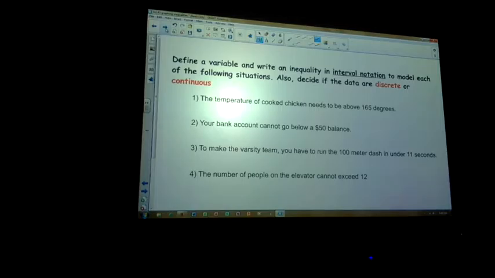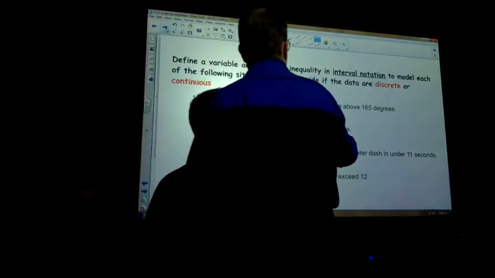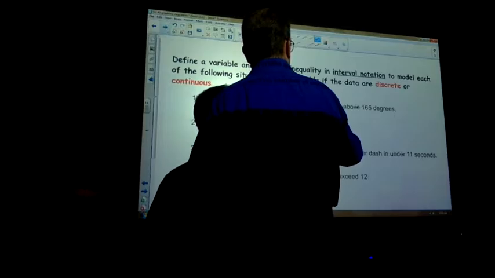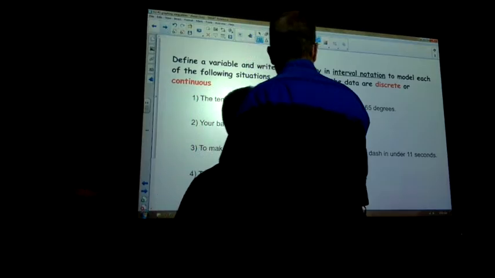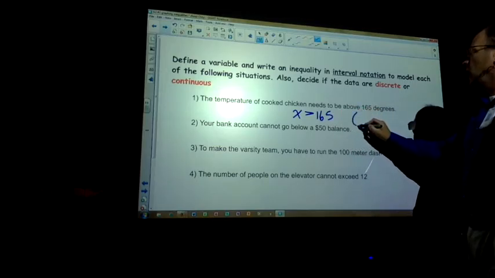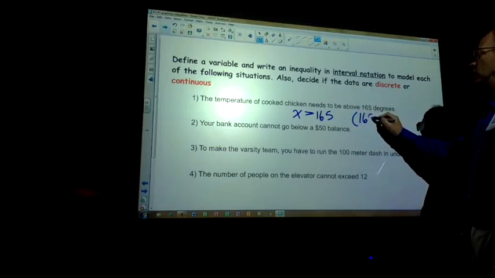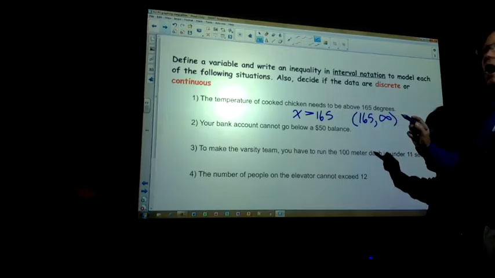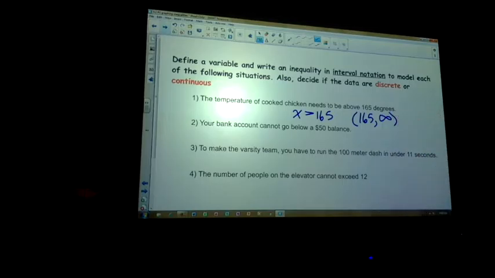So this is greater than. I should go rounded bracket 165 to where? Continuous. Infinity. Obviously if you get the chicken to a couple billion degrees, it's going to be gone, but we're just pretending.